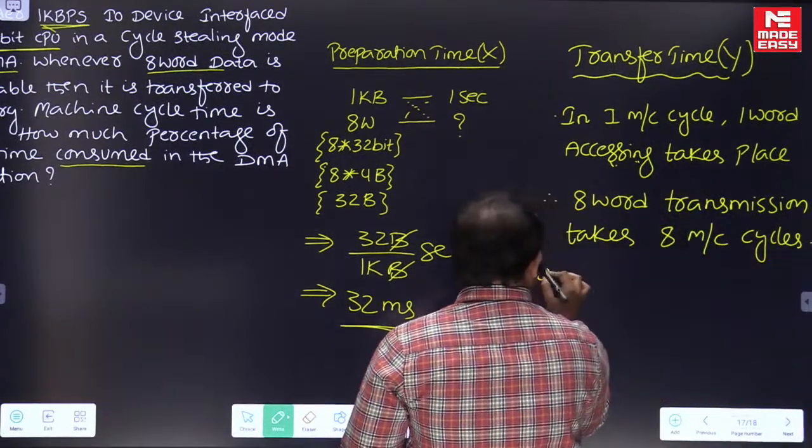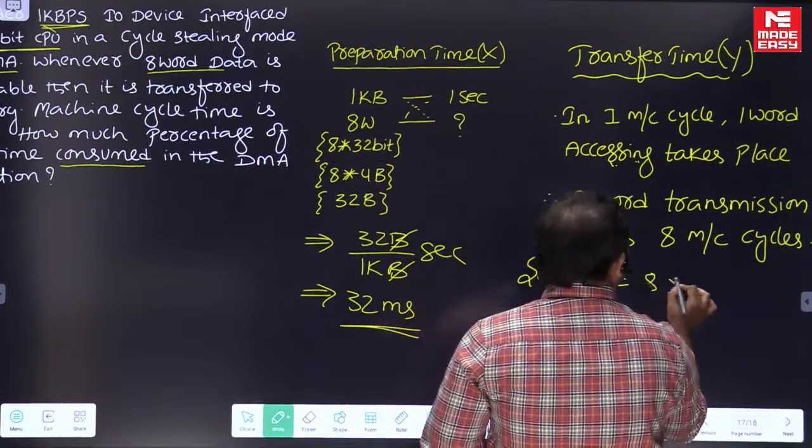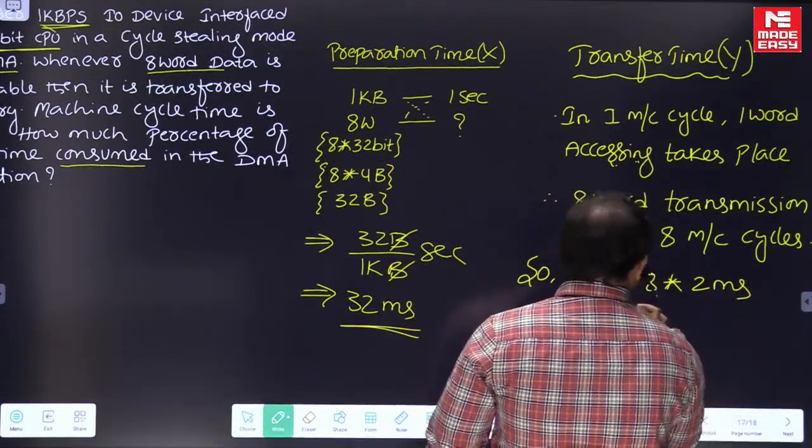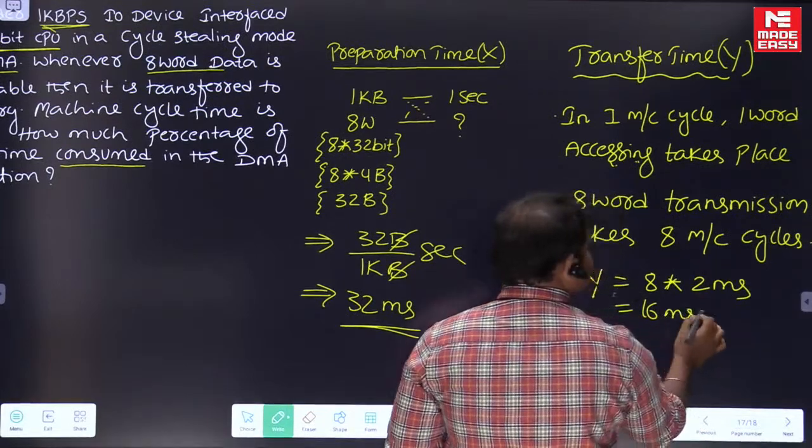So Y equals 8 times the machine cycle time of 2 milliseconds, which is 16 milliseconds.